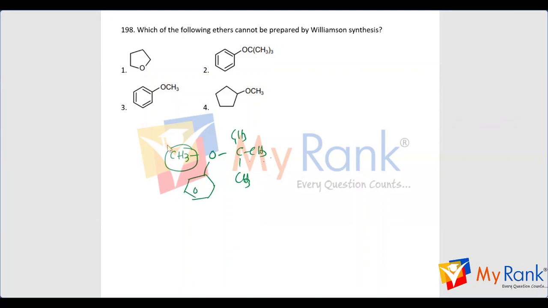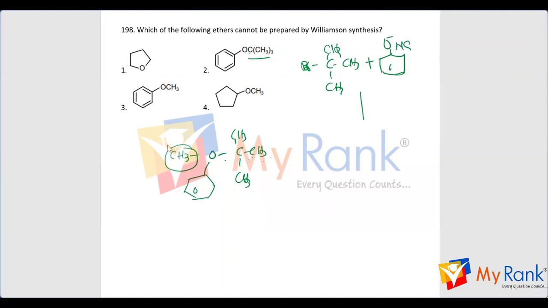If you want to prepare a tertiary ether, a tertiary alkoxide must be taken, but not a tertiary alkyl halide. So for this ether, you would have to take the tertiary alkyl halide CH3, Br plus O minus Na plus.